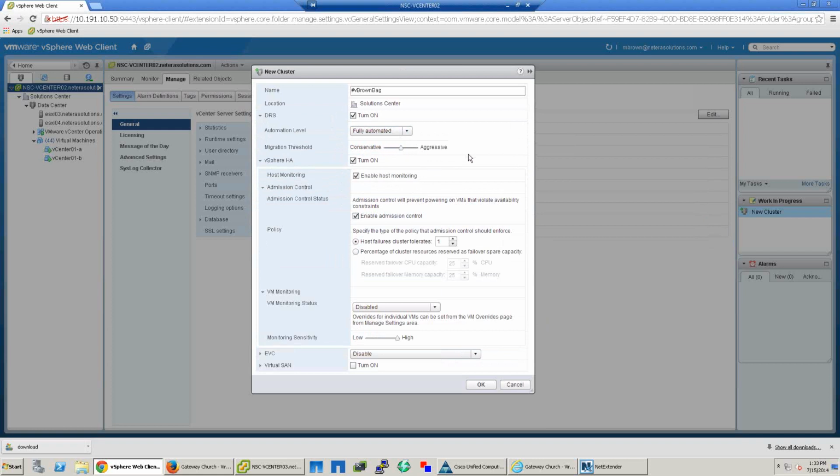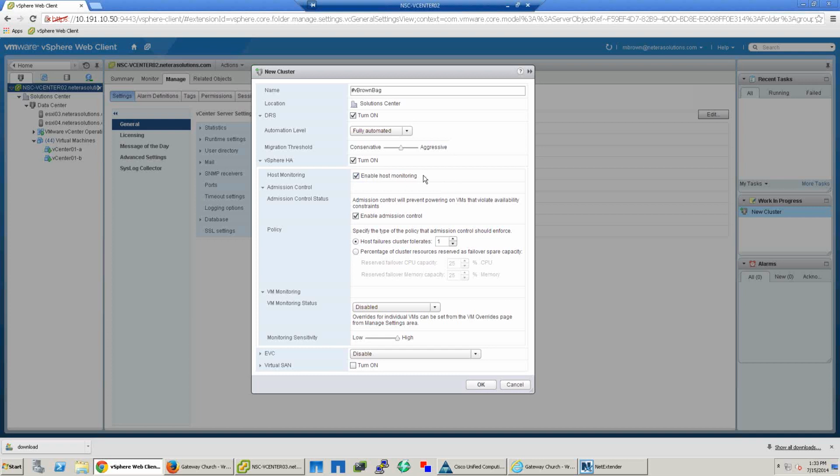And then there's vSphere HA, right? We turn on HA. Host monitoring is what we talk about many times. Probably most of the time when we talk about vSphere HA, we're talking about monitoring the ESXi hosts for failures. You can turn on HA but disable host monitoring, but I've never seen that happen in the real world.